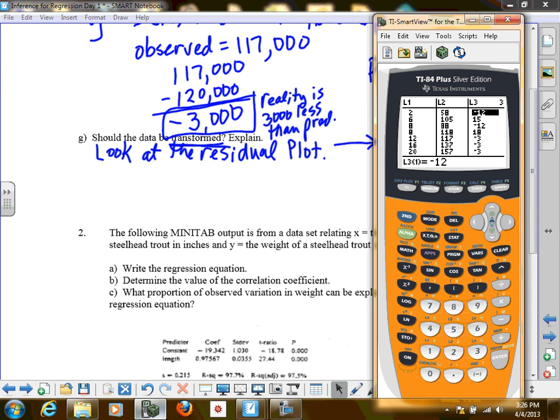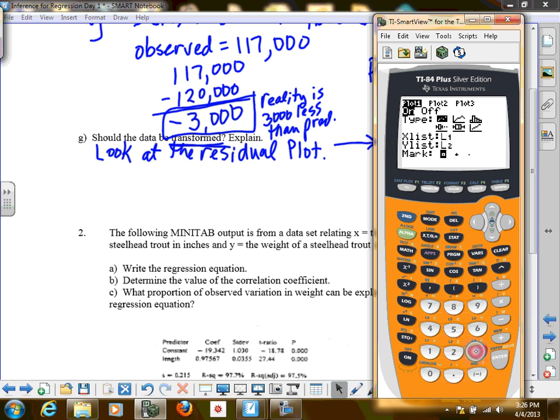Okay, so let's look at it. How do I look at it? Second stat plot, and I look at L1 and what? L3. Very good. Okay. Zoom 9. Ta-da! There it is.